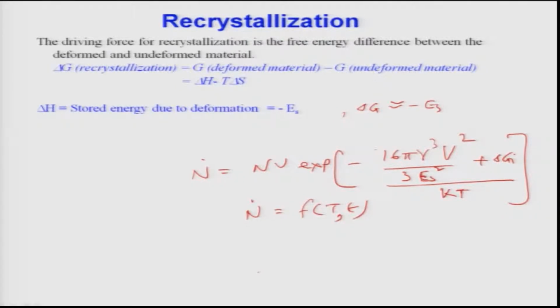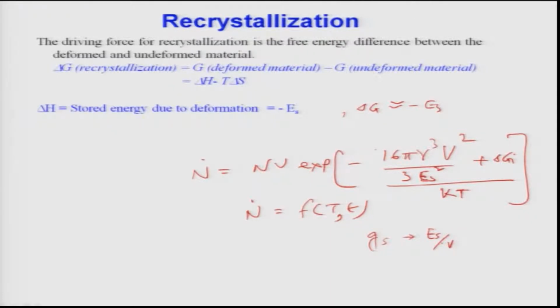So, N dot is the nucleation rate, it depends on the number of atoms, and nu is the frequency of jump, and this one is the exponential term, which is equal to 16 pi gamma cubed V squared by 3 E s squared plus delta G I, all over k T. As compared to the classical nucleation rate equations, G s is basically converted into E s by V, and other things are not considered here.